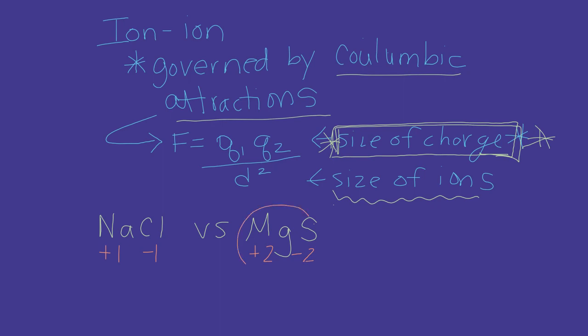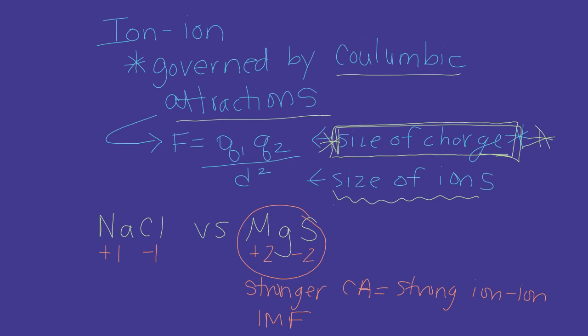Because this has greater charges, both positive and negative, this is going to have a stronger Coulombic attraction, okay? So you have increased Coulombic attraction, which means you have a stronger ion-ion IMF, which would mean that this would take more energy if you wanted to break this, like if you wanted to dissolve it or if you wanted to melt the salt, etc. It's going to take more energy to break this lattice up.